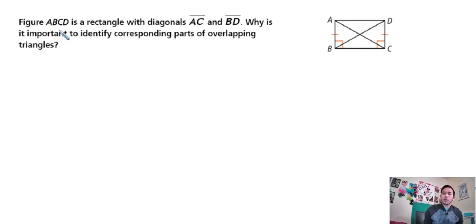It is important because you can determine if these corresponding parts are congruent. So we consider triangle ABC and triangle DCB. Identify the corresponding sides and angles in the two right triangles by first determining the congruent parts.